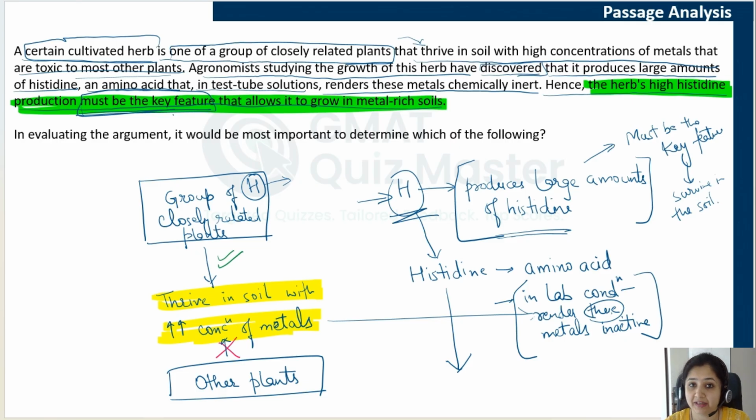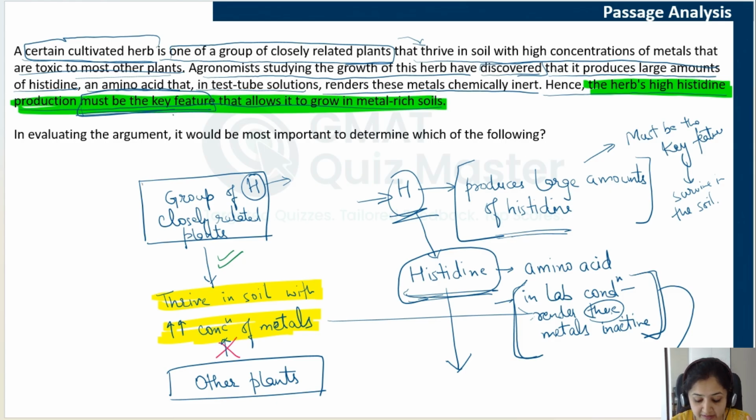There is no evidence given here which can support the jump that we are making, that okay, if it is acting like this in the lab, it will act in a similar way in the soil. There's nothing that supports that kind of logic. So that is a logical jump here from the way the chemical acts in lab conditions. We are assuming that it will act in a similar way in the soil as well, and that is why we are concluding that the production of this amino acid must be the primary reason why this herb can survive in the soil.